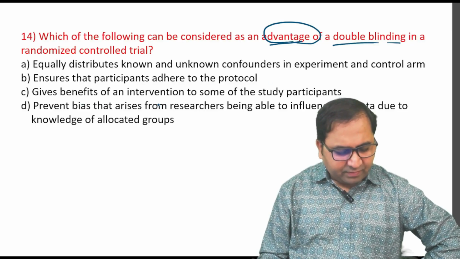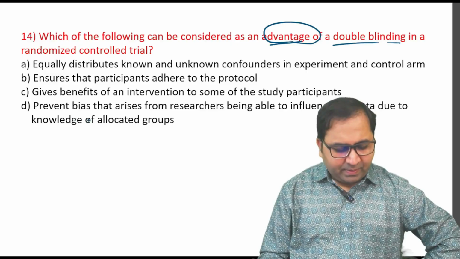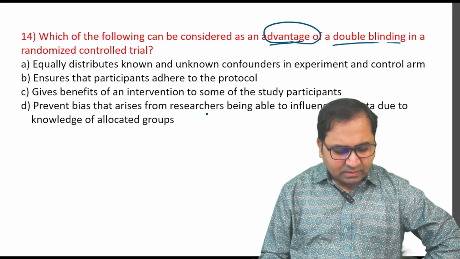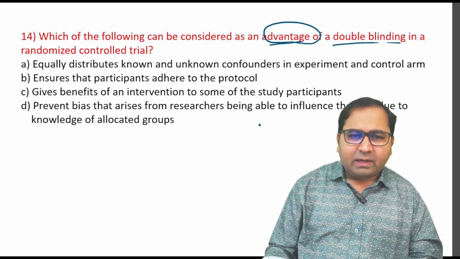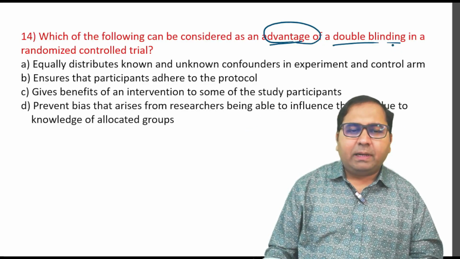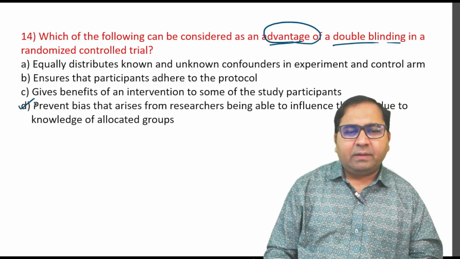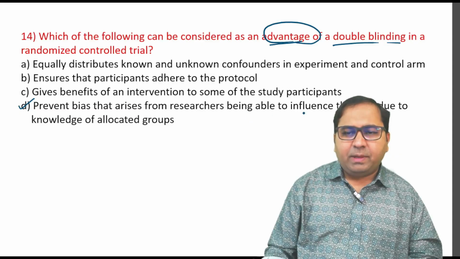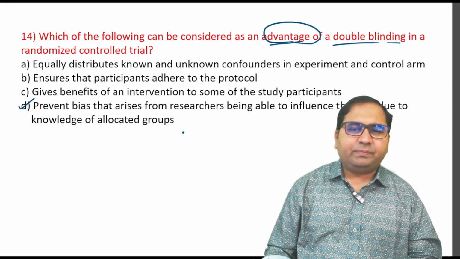C. It gives benefits of an intervention to some of the study participants. Or D. It prevents bias that arises from the researchers being able to influence the data due to knowledge of the allocated groups. So what is an advantage of double blinding? Of the options given, option D, that it prevents bias that arises from researchers being able to influence the data due to knowledge of the allocated groups.